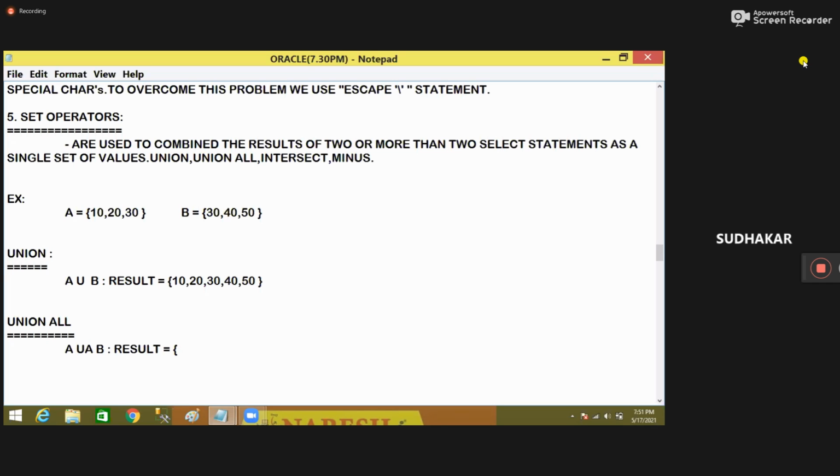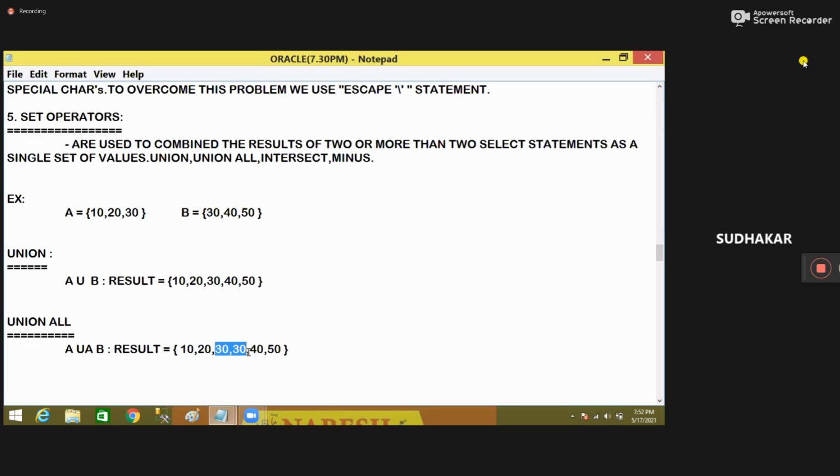A union all B combines all values, including duplicates, so 30 and 30 both appear.